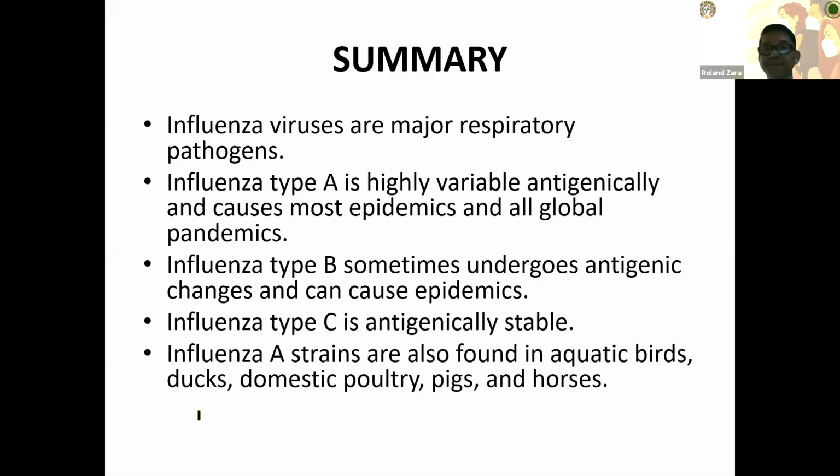So in summary, influenza viruses are the major respiratory pathogens. Your A is highly variable antigenically and causes most epidemics and global pandemics. Your B sometimes undergoes antigenic changes and can cause epidemics. Your C is antigenically stable. Your A strains are also found in aquatic birds, ducks, domestic poultry, pigs, and horses.